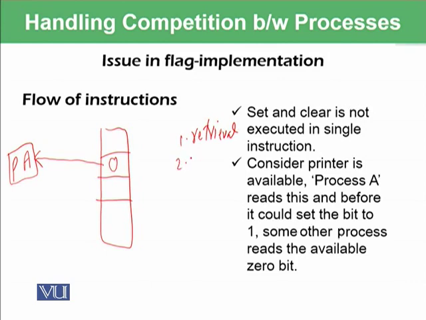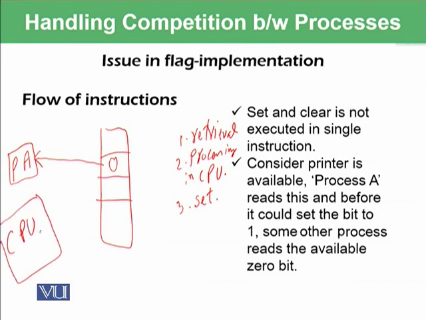Second is processing in the CPU, that whether it is 0 or 1, and then third is the set instruction, which will set this bit as 1, that I am going to use this printer.